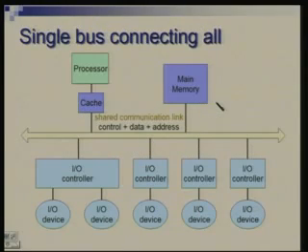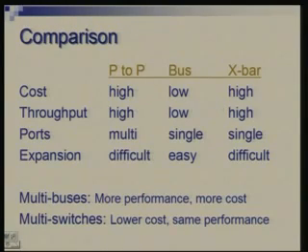So the cost here is not just the cost of the links, but this also is a contributor to the cost. So the issue of multiple ports does not exist in the other two cases. The next question is expansion, that once you have designed a system, you want to add more pieces of hardware to that.